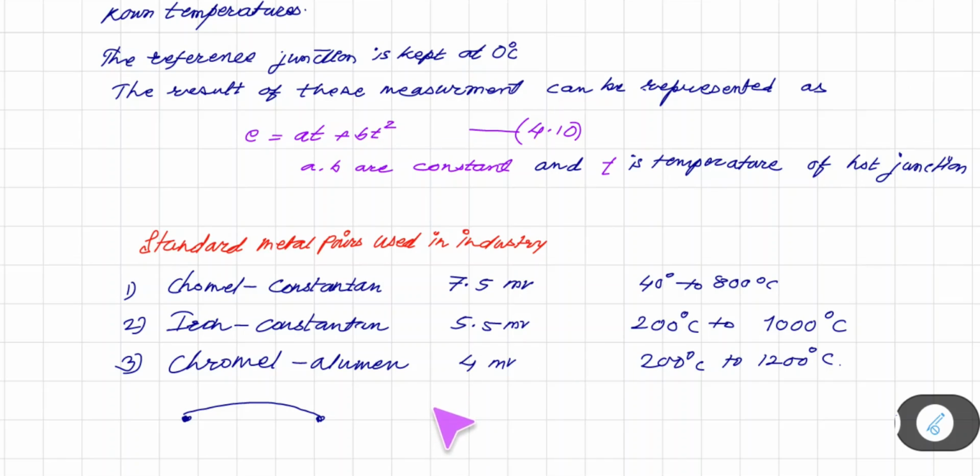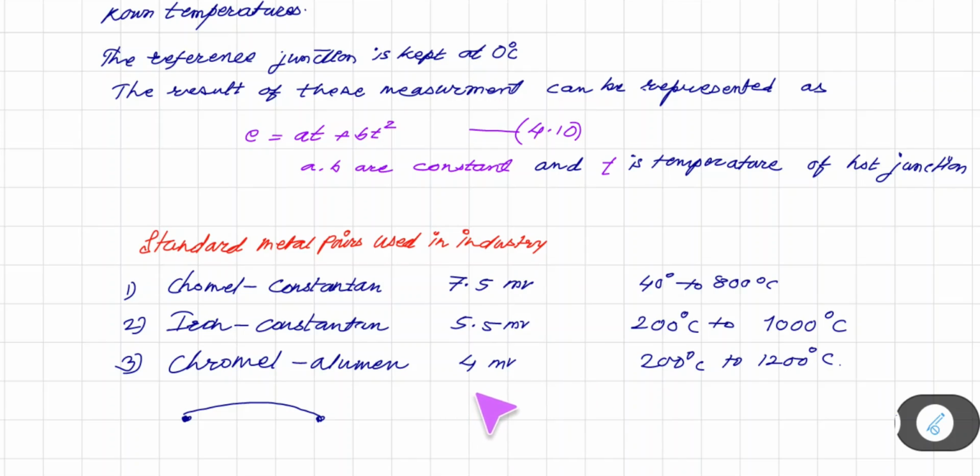If there are variations in the composition of the wires in the thermal gradient region, maybe due to contamination, oxidation, etc., outside the junction, this can lead to a change in the measured voltage. So that is again a problem you should think about.